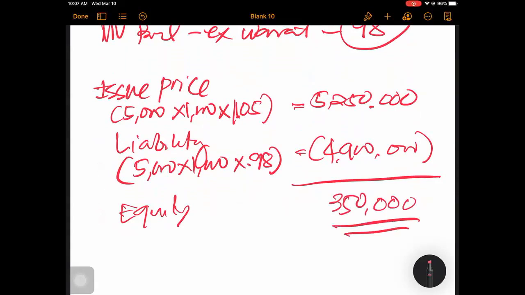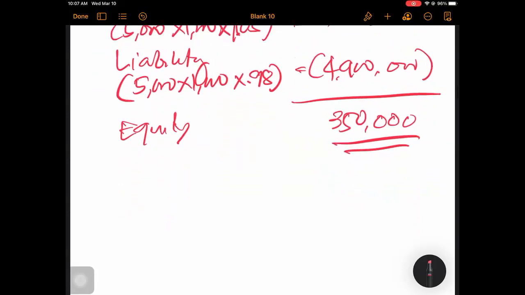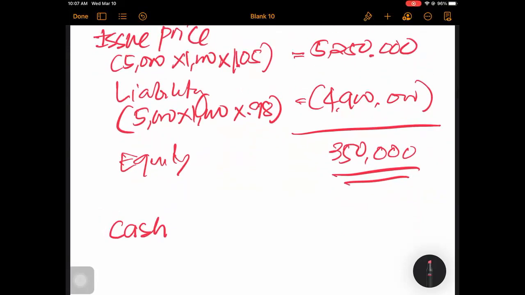Okay, what is the journal entry? Upon issuance of the bonds. Journal entry upon issuance of the bonds. Of course, we issued bonds. How much did we receive? The total issue price of 5,250,000.